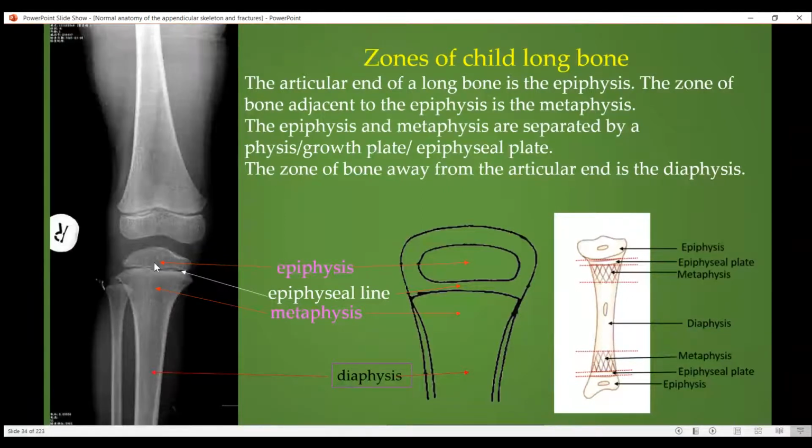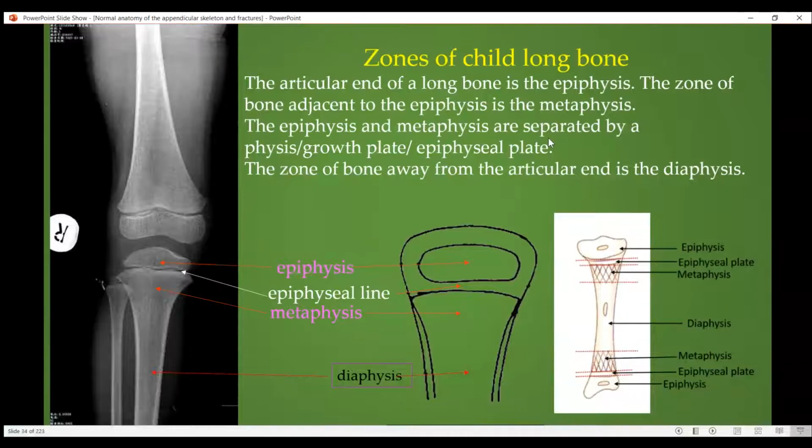So primary and secondary ossification centers do not appear at the same time in all the bones. It does not happen that way. So you should be aware of the ossification centers if you have to understand the Salter-Harris classification.